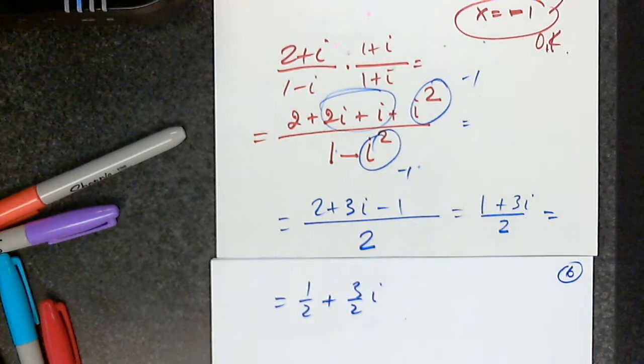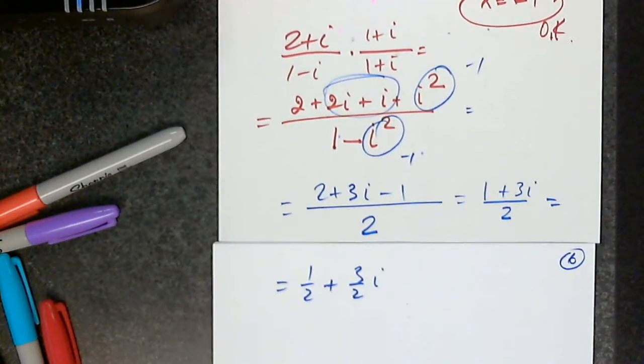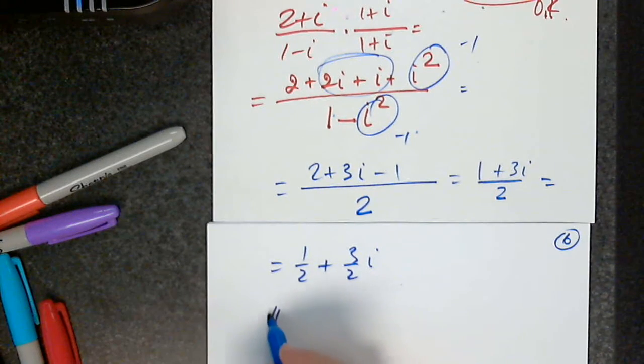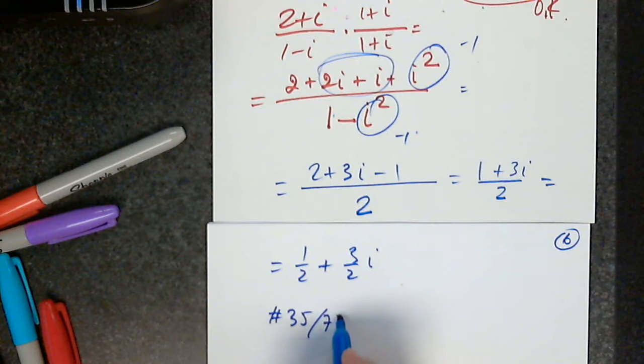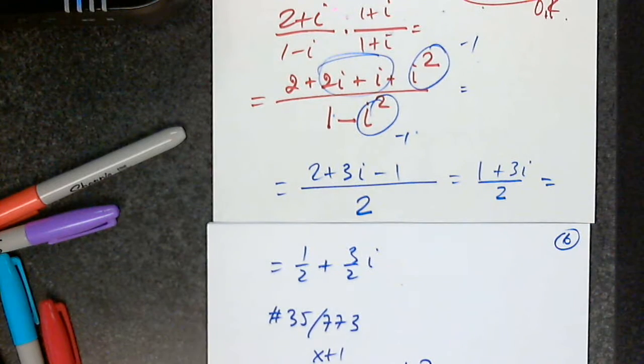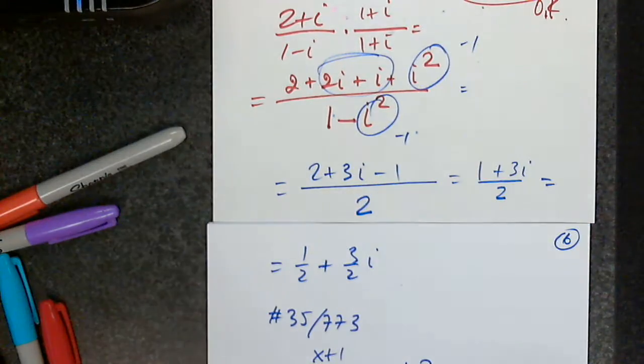I want to solve the equation 9 raised to x plus 1 equals 243. What type of equation is this? Very good. It's an exponential equation because the variable is the exponent.